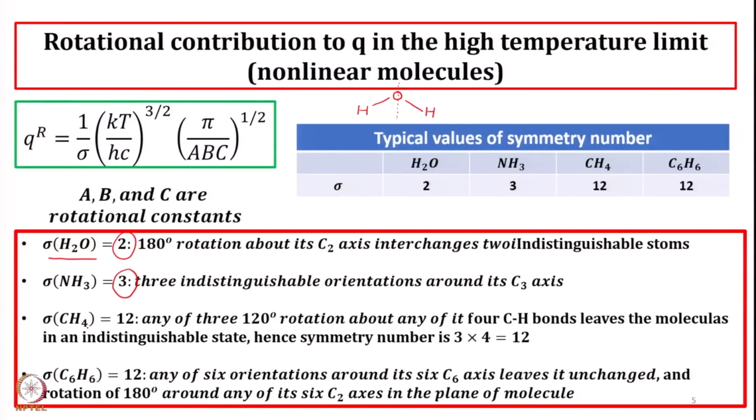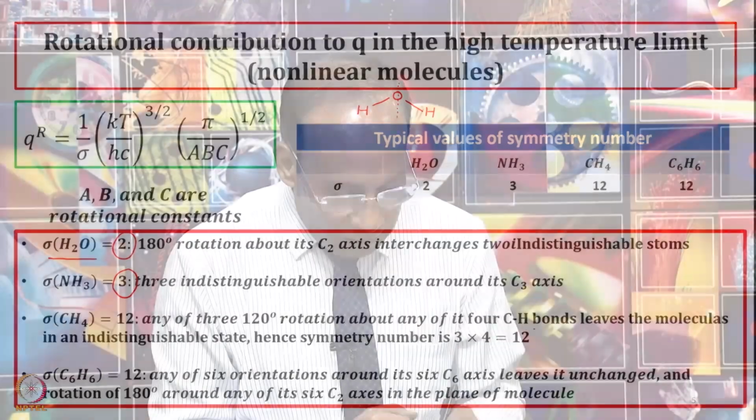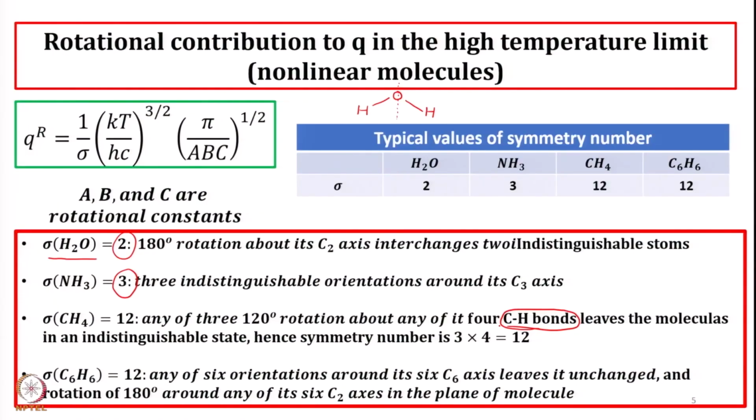Now let us consider methane. You know, methane has a tetrahedral arrangement around the carbon atom. Pick up any CH bond and rotate the molecule by 120 degrees. You will see that the molecule is in an indistinguishable form. 120 degree rotation means in a total 360 degree rotation there will be 3 indistinguishable forms.